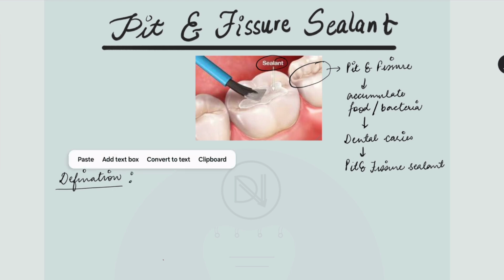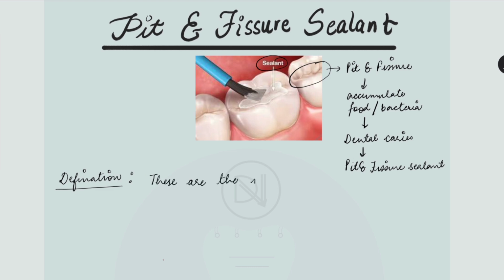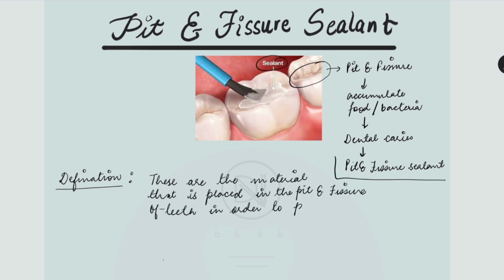The definition says that pit and fissure sealants are the material that is placed in the pit and fissure to prevent or arrest the development of dental caries. So sealant is applied to prevent or arrest the development of dental caries.